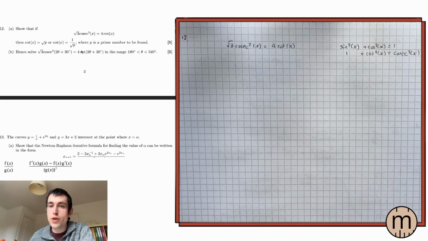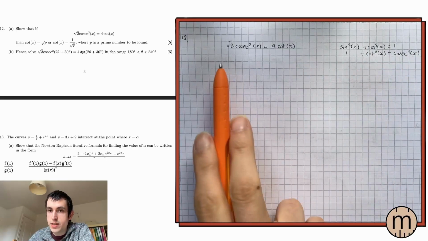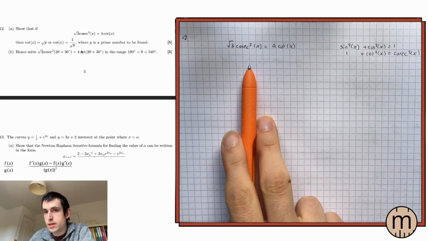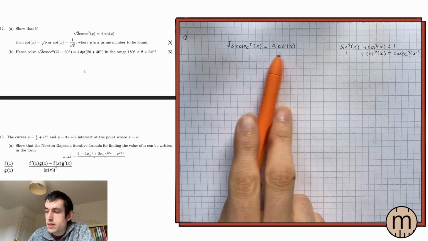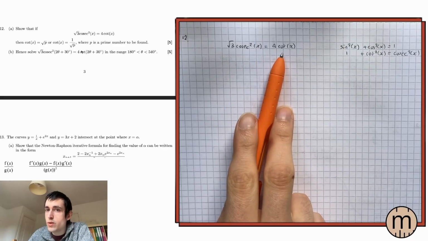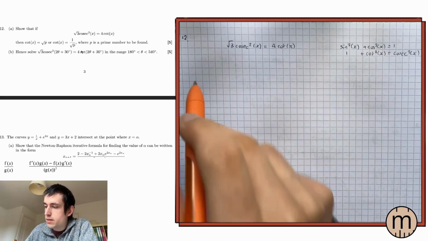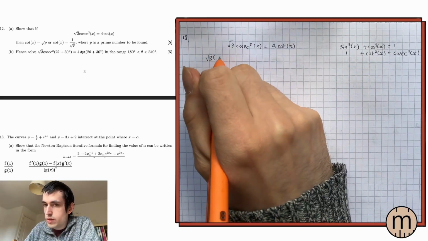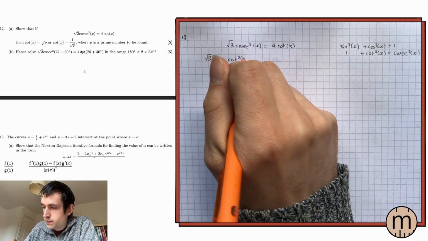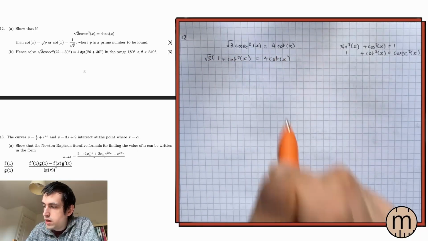So if you don't know your identities, it's worth being able to come up with them because then you can compare it back to the original. Because over here, the idea is we're somehow going to get a hidden quadratic. Why don't we put cosec squared in as the definition? So root 3 lots of 1 plus cot squared, equals 4 cot x.